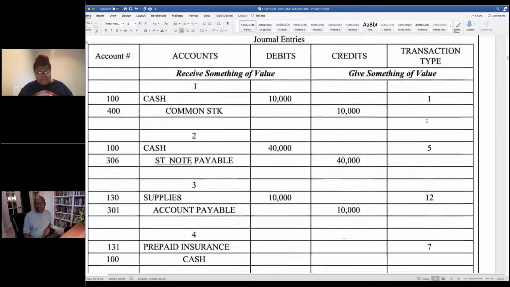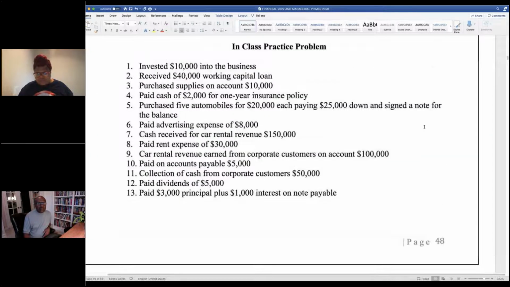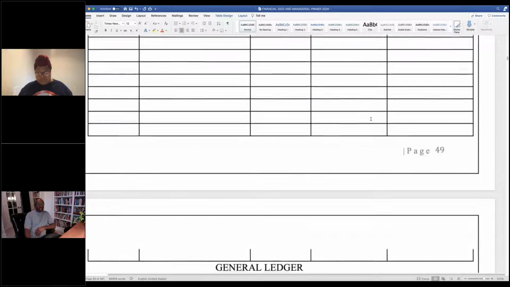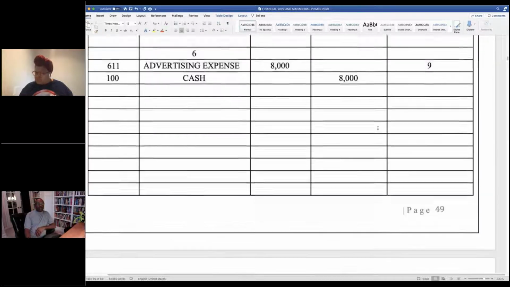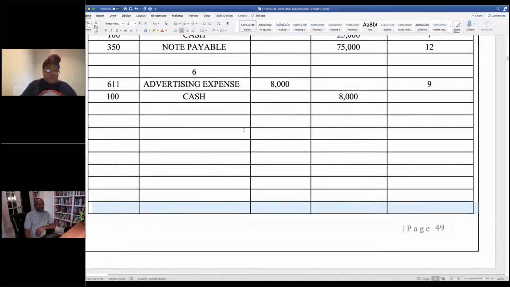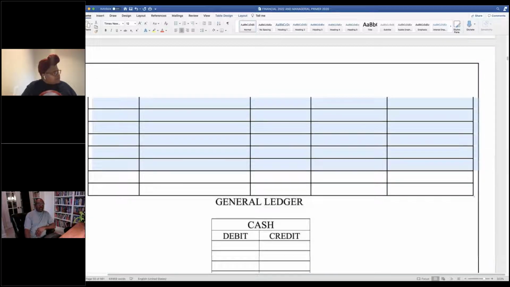So what are we supposed to do? Okay. Cash received for car loan revenue. What we're going to do now? I mean, that's why we're in business, right?